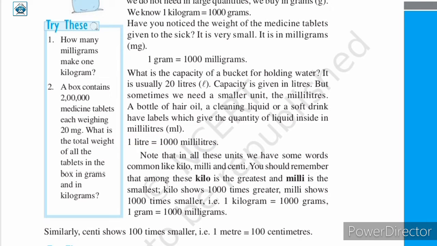Note that in all these units we have some words common like kilo, milli and centi. You should remember among these kilo is the greatest, be it kilometer or kilogram or you even have kiloliter. Here these are the greatest and milli is the smallest.